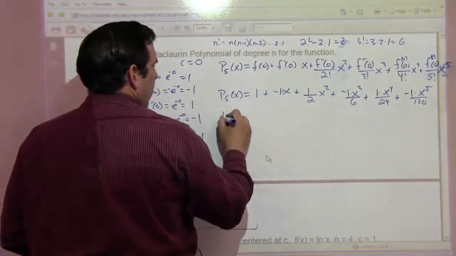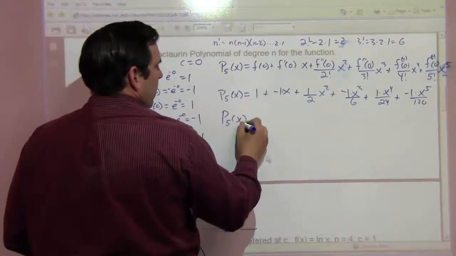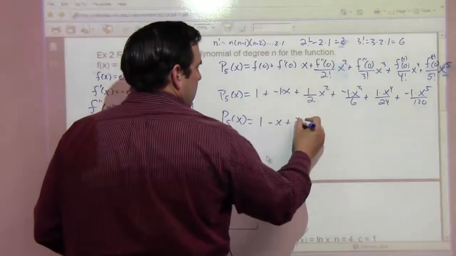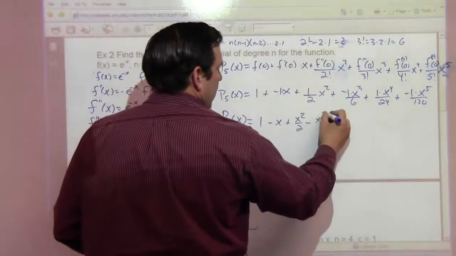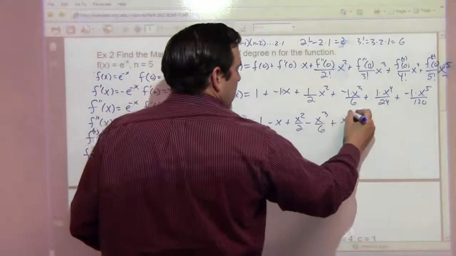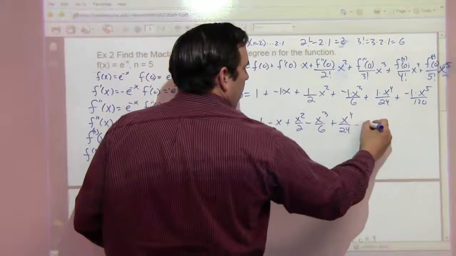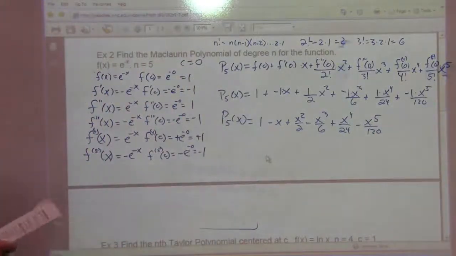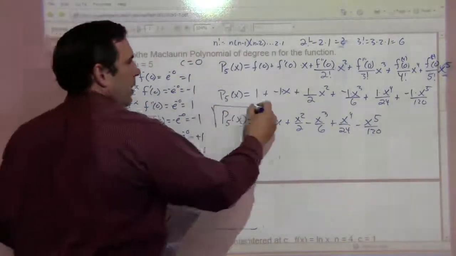So our P5 of x is going to be 1 minus x plus x squared over 2 minus x cubed over 6 plus x to the fourth over 24 minus x to the fifth over 120. That is the final answer for that problem.